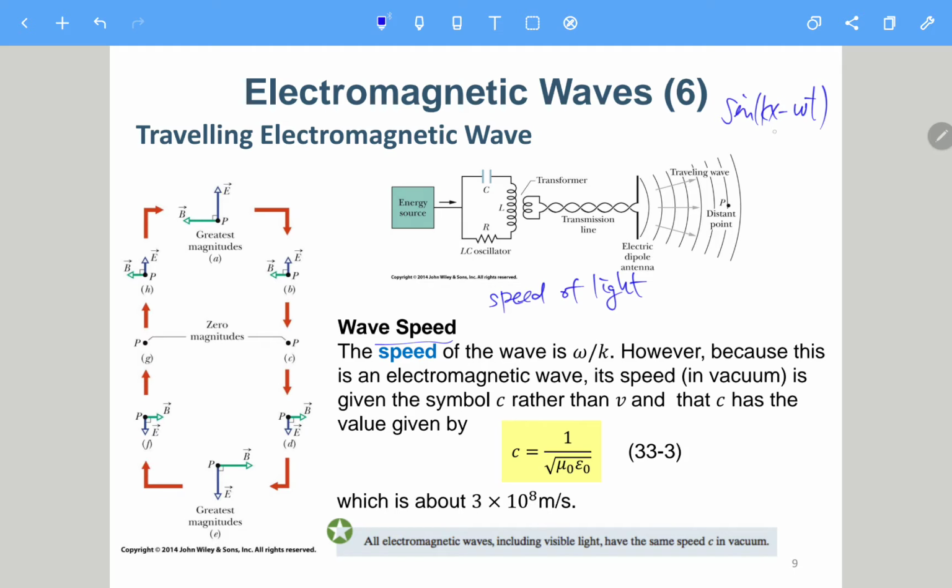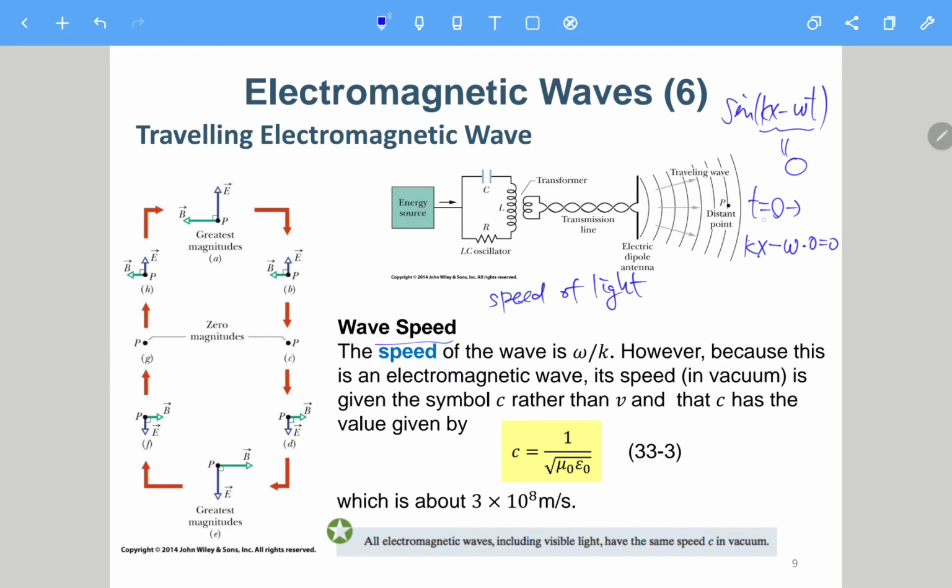Suppose this is equal to 0 when t equals 0, or maybe it can be a fixed phase, but for simplicity we let it be 0.